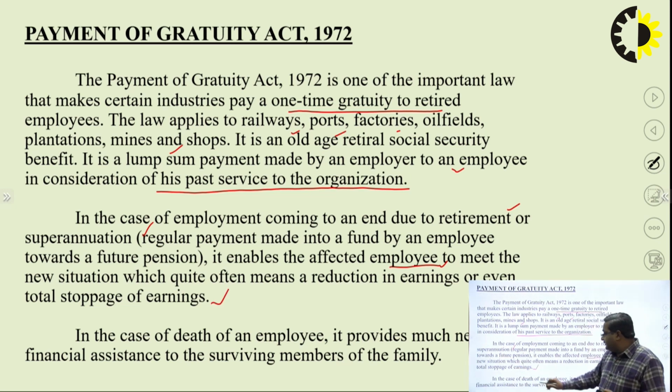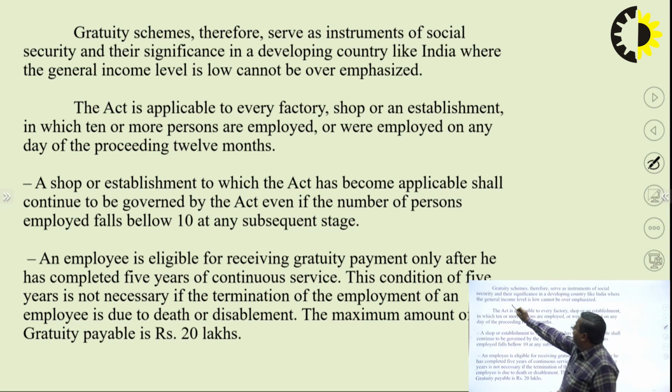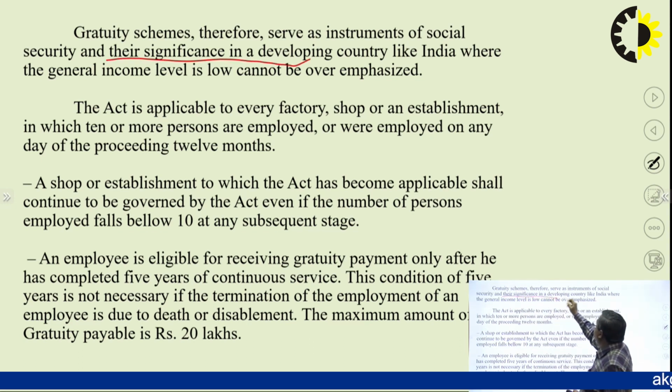In the case of death of an employee, it provides much needed financial assistance to the surviving members of the family. The gratuity scheme therefore serves as an instrument of social security, and its significance in a developing country like ours, India, where the general income level is low, cannot be overemphasized.